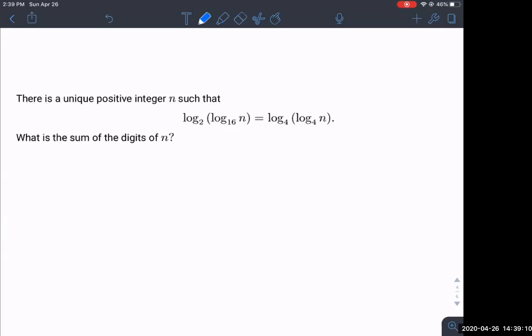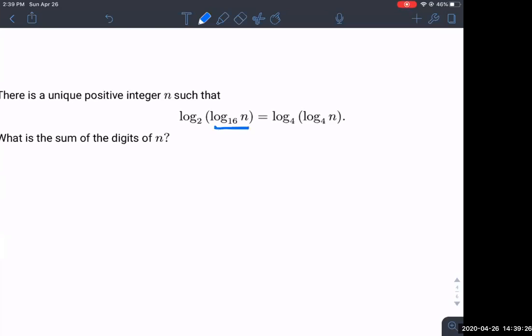Okay, let's try this one. First, it's probably a good idea to see if we can change everything to log base 2. That sounds like a bit of a daunting task, but I'll walk you through. First of all, let's change this one to log base 2.